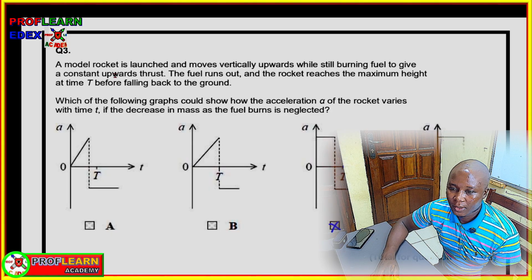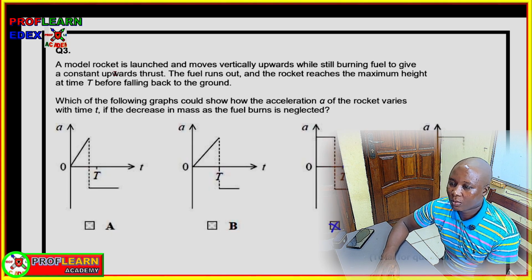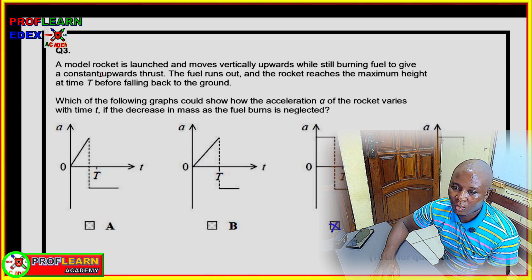A model rocket is launched and moves vertically upwards while still burning fuel to give constant upward thrust. The fuel runs out.